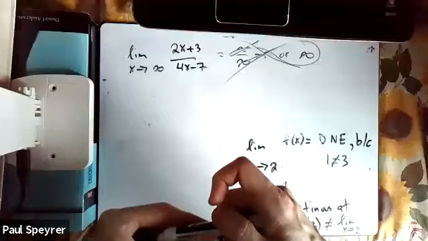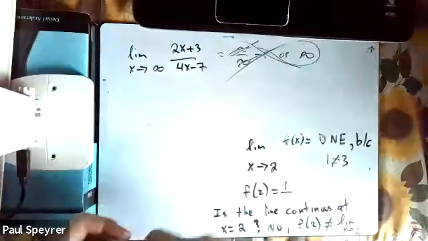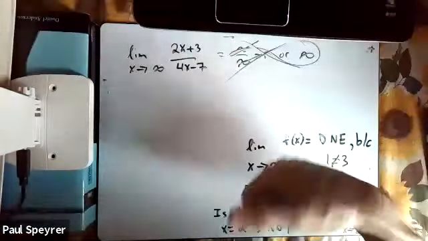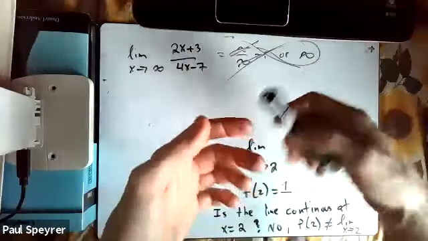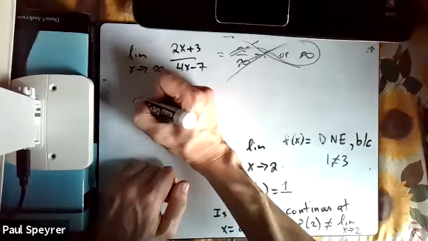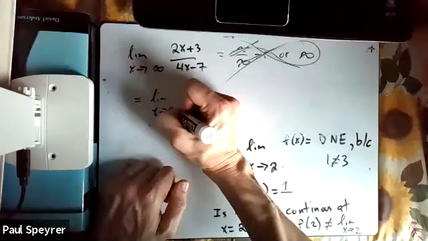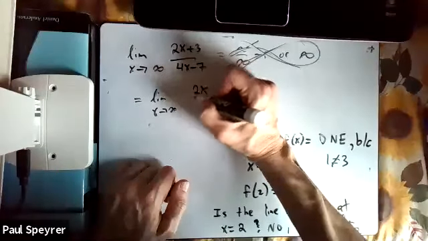Well, remember, when you had a rational expression with infinite limits, you divided everything by the highest power of x, or the dominant term from the denominator. So we're going to divide everything here by x and see what happens.